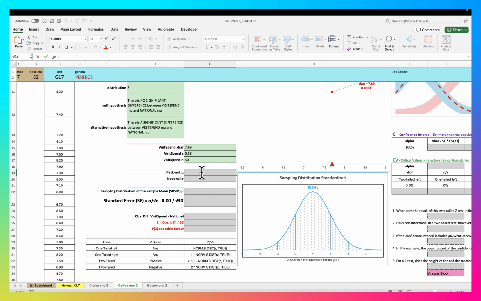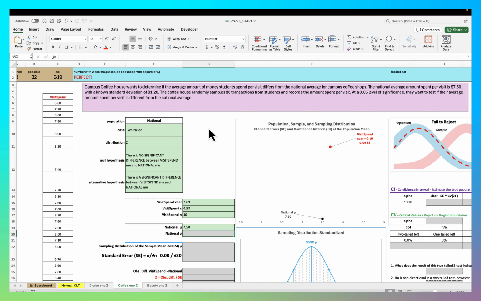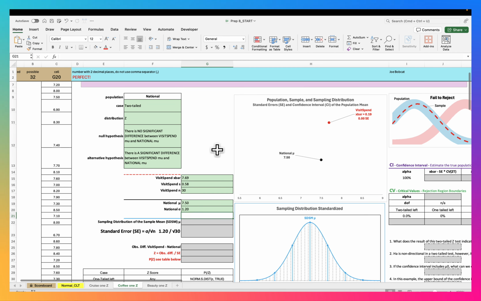And then the national numbers from the problem are 7.50, and the standard deviation is $1.20. Okay, so here we are. Here's the national. Those actually look pretty close, so we'll see if there is a significant difference.